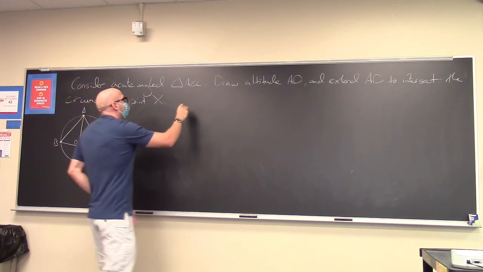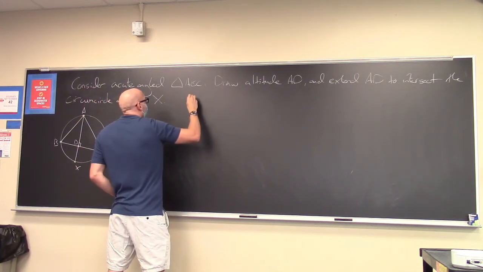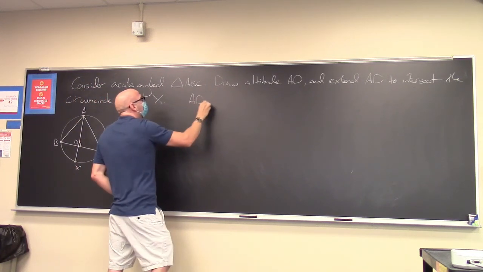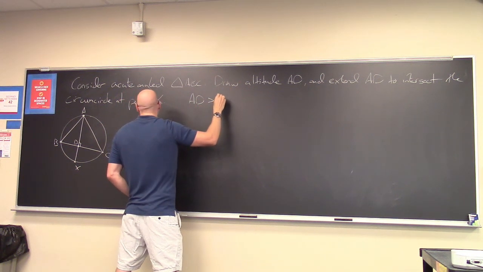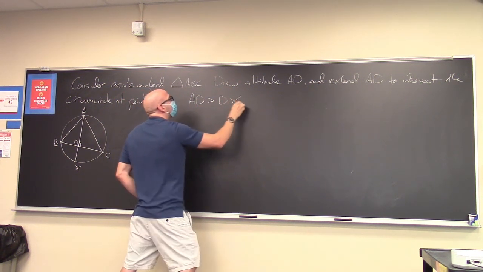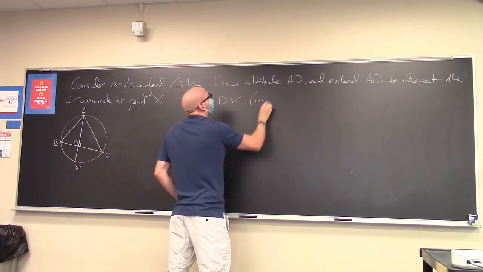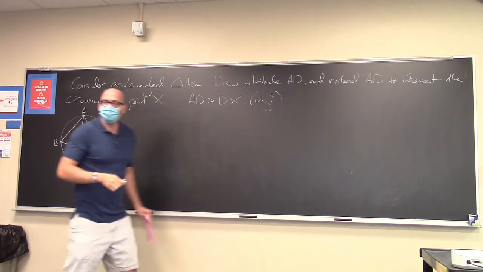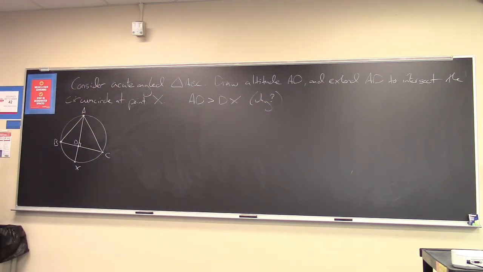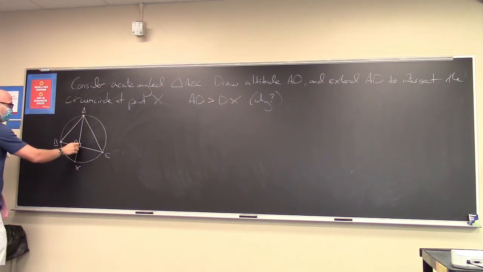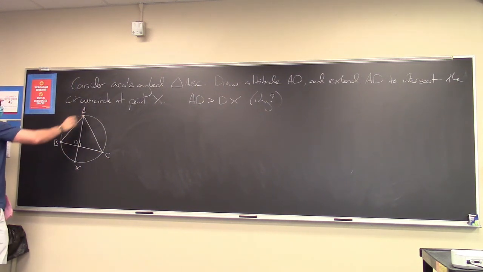The other thing I'm going to claim is that AD is bigger than DX. Why is that? So why must D be closer to X than it is to A?